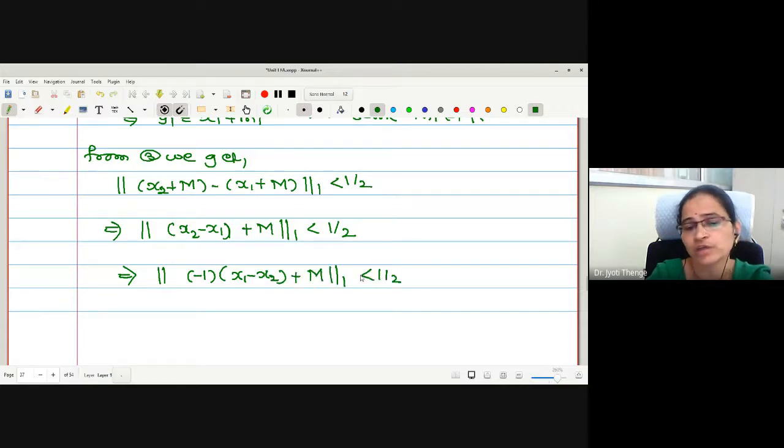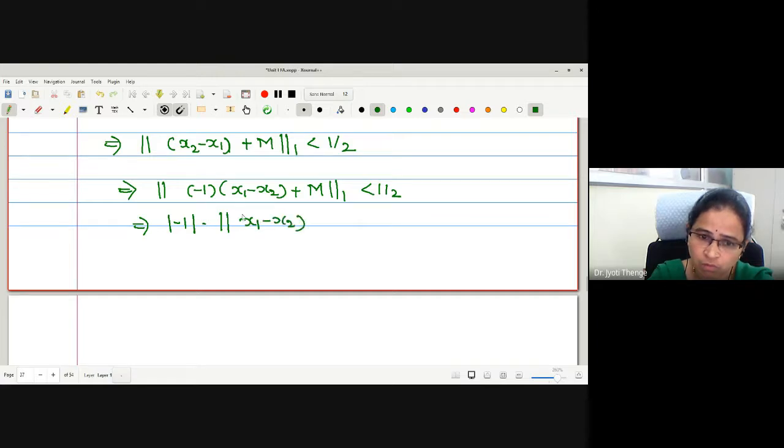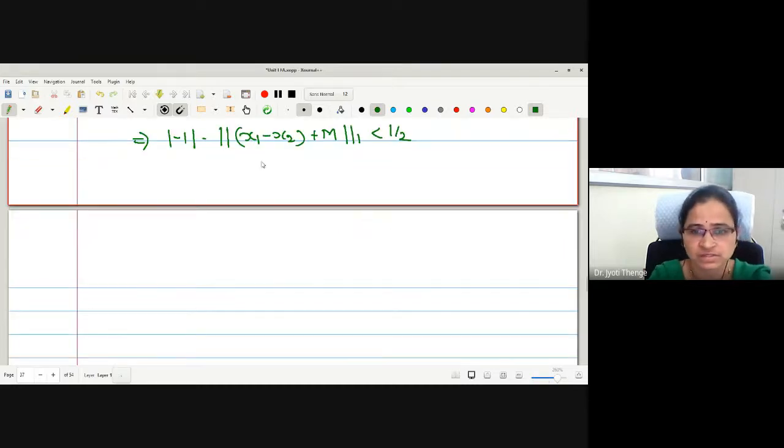But earlier we have proved that this norm 1 is a norm. Then how can I take this scalar out? With modulus, na? Modulus of minus 1. Less than half. Therefore, we got this norm 1 of x1 minus x2 less than half.